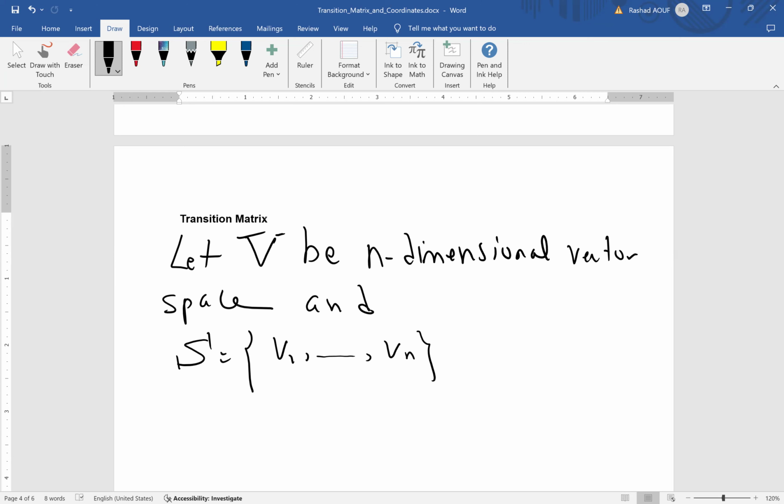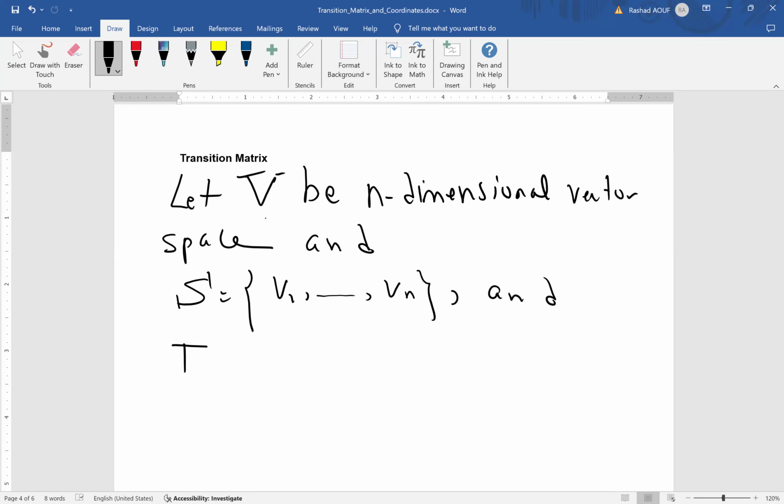Now we have another basis, T equal w1, w2, up to wn, which must have the same number of vectors but different vectors. These S and T are two bases for V.